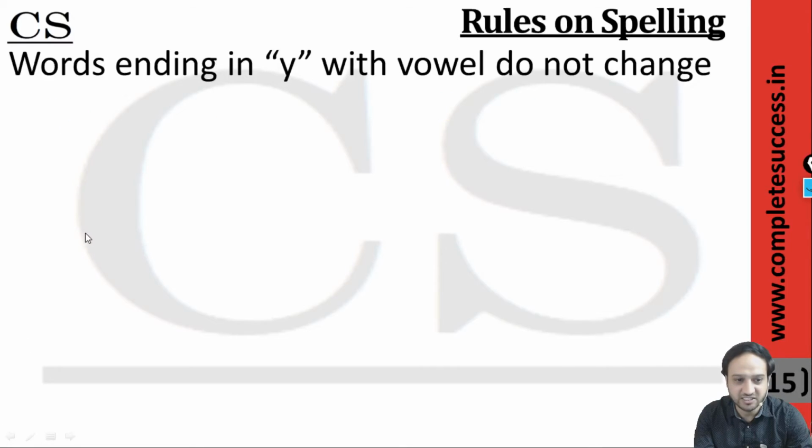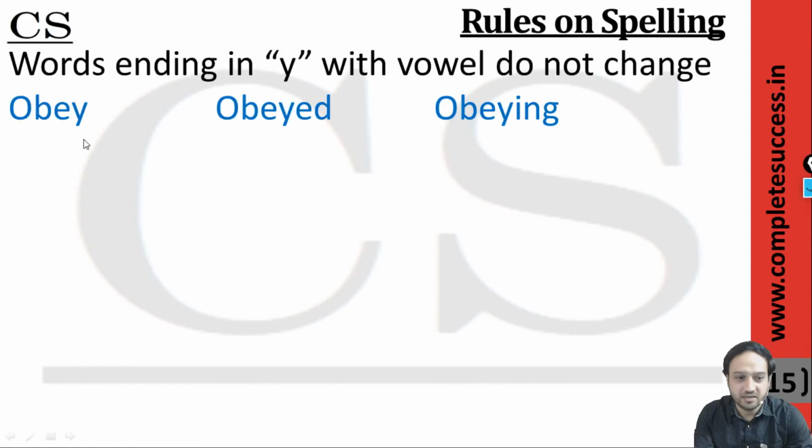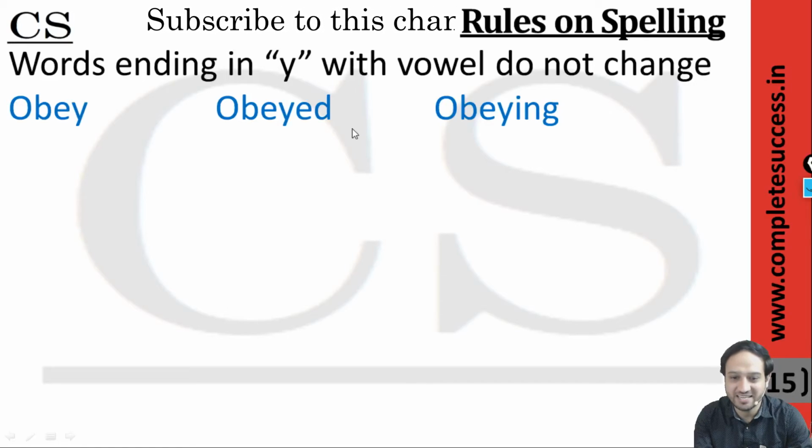In earlier cases, before the y there was a consonant, so we changed it to I. But if before y there is a vowel, we will not change y into I. So we'll keep the y as it is when we add ed and ing.